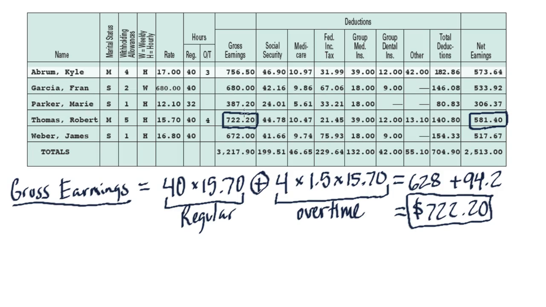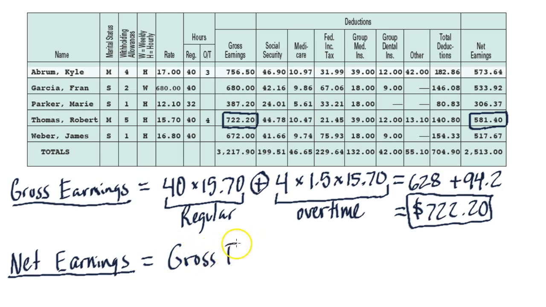Now, to determine the net earnings, we want to take gross earnings. So net earnings is equal to gross earnings. Oh, forgot the N. Earnings minus deductions.